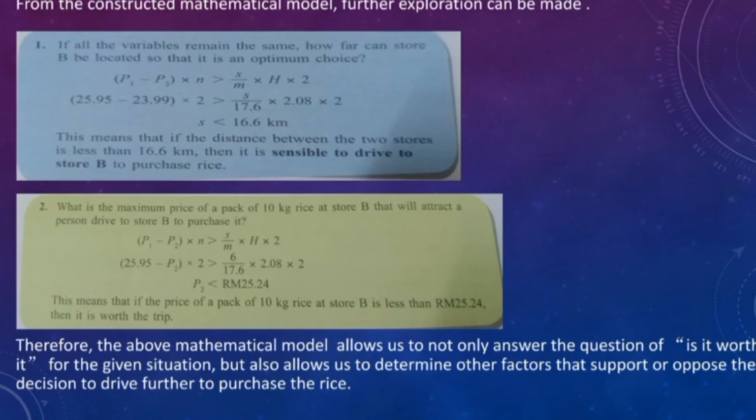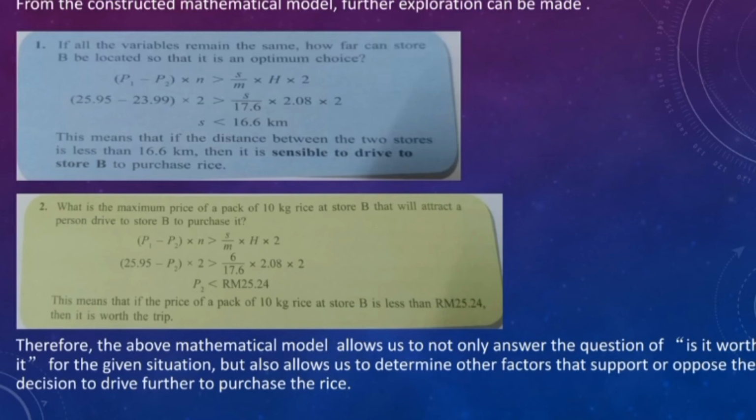S is less than 16.6 km. This means that if the distance between the two stores is less than 16.6 km, then it is sensible to drive to store B to purchase rice.